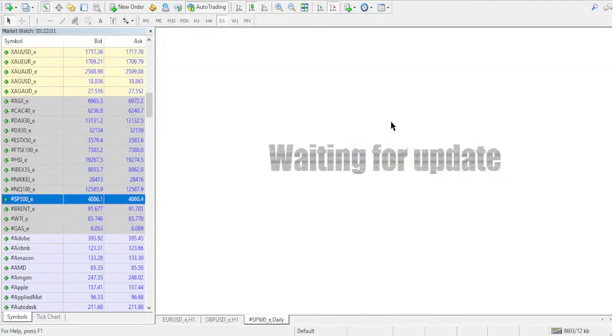My next chart is the SP 500. As we wait for it to load, I want us to look at the Brent oil.